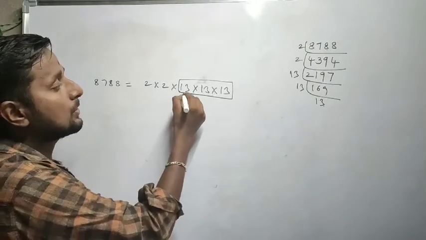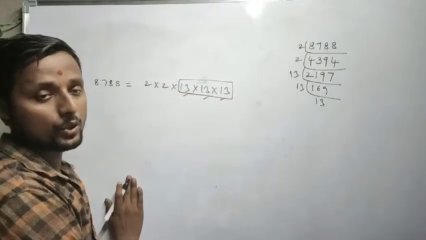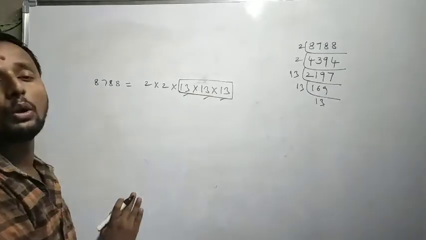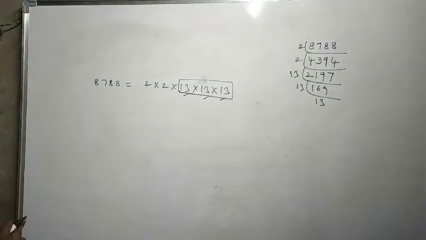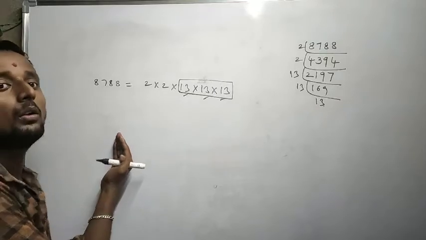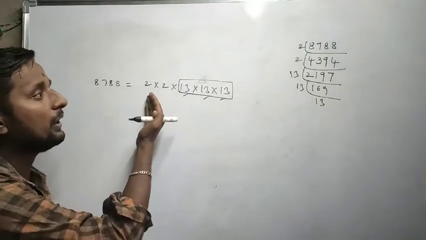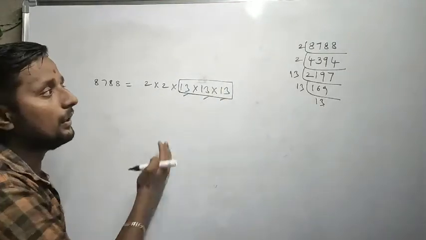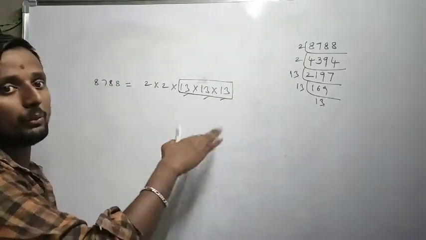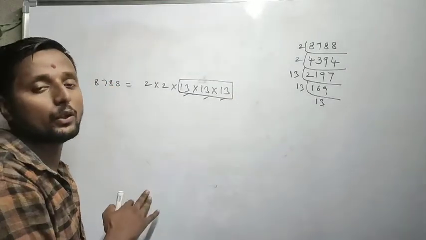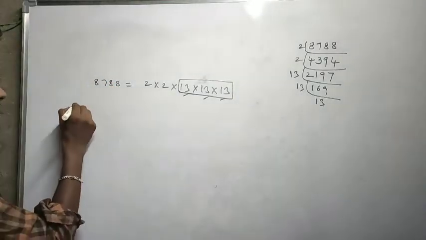Am I right? So 13 here is repeated 3 times, no issue. But if you look at it, 2 is repeated only twice. So we need support of 2 one more time. Then the number will become a perfect cube.